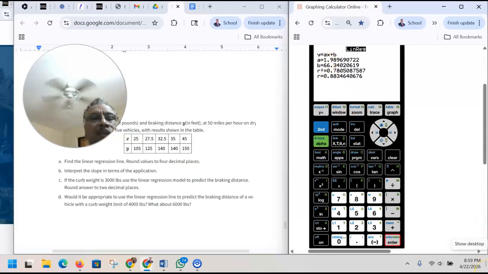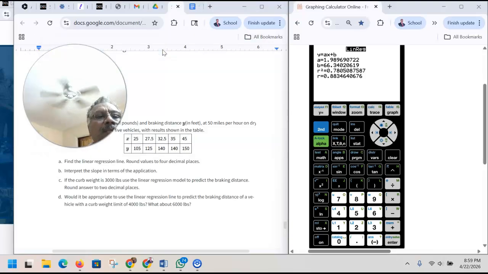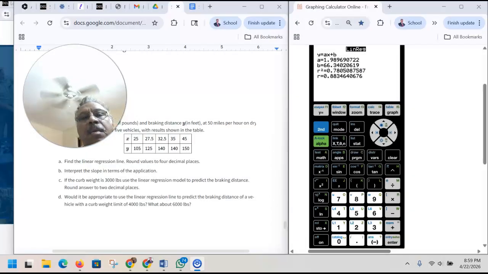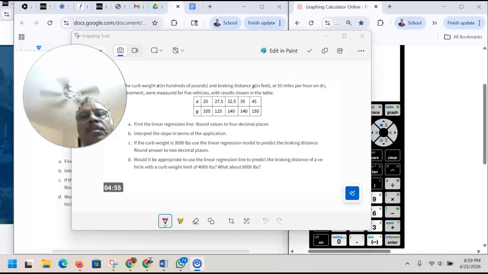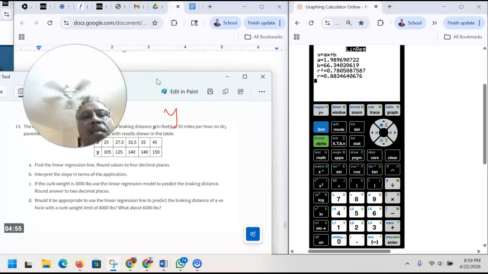So in the problem, they're asking you to round to four decimal places, right?